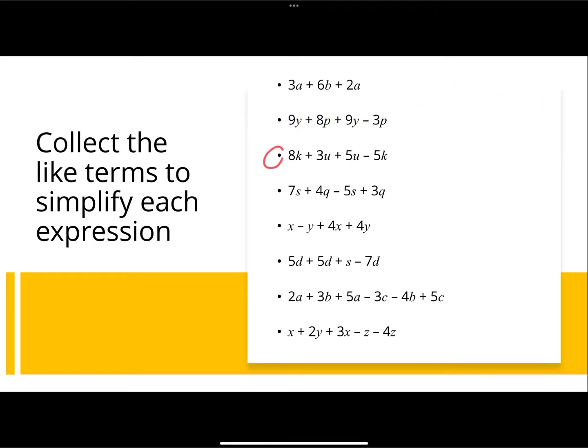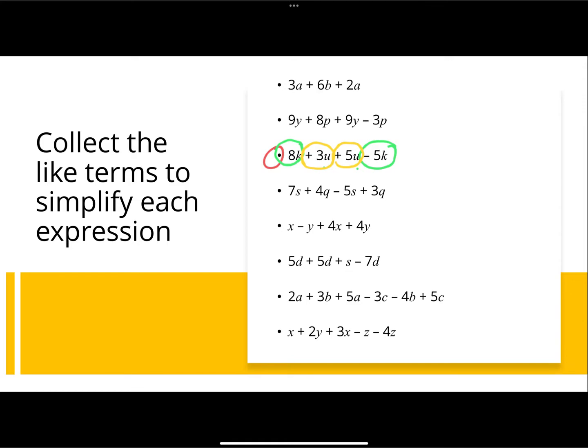Let's look at this one. Let's circle our k's first. I have 8k, and I have a negative 5k there. With my u's, I have a positive 3u and a positive 5u.